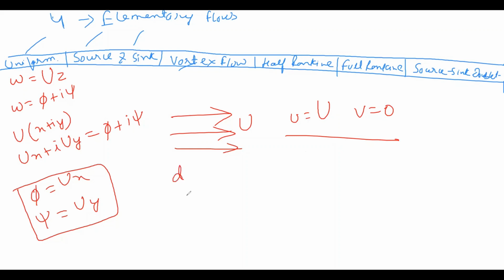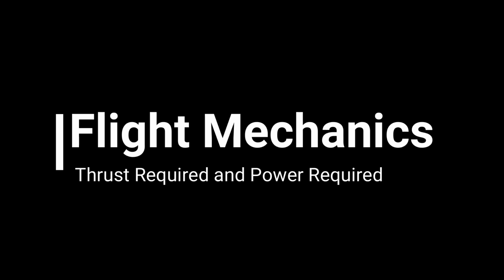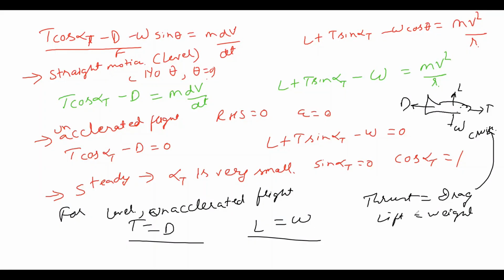W is Uz, and if you differentiate with respect to z, it will be only U. So U will be equal to u minus iv. Now the real part is u equal to U and the imaginary part is 0, so v equal to 0. So this is how the equations of motion are getting to us.